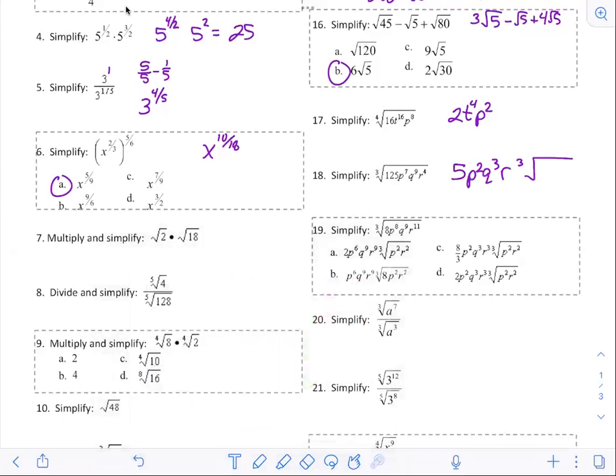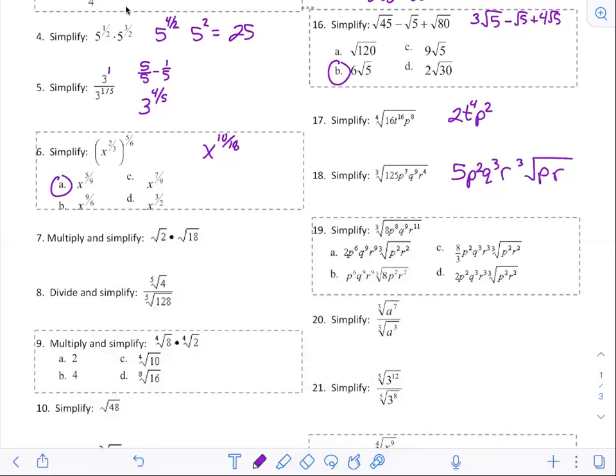But then now we have our leftovers. So it went into 7 twice, but we had 1 left over. And it went into 9 an even number of times, but it went into r to the 4th once with 1 r left over. So we'd have 5p squared q cubed r times the cube root of pr.